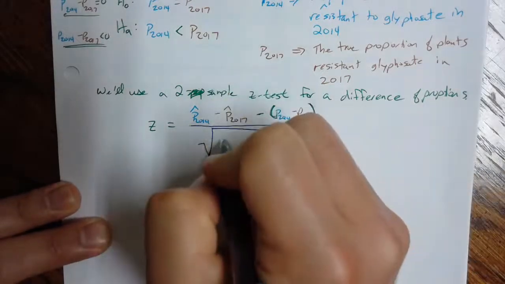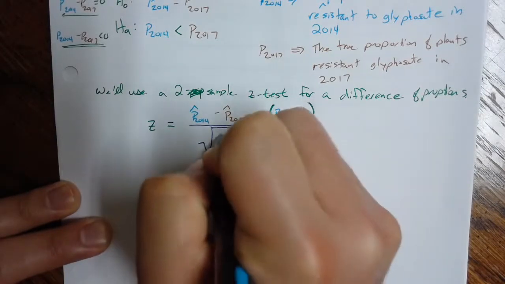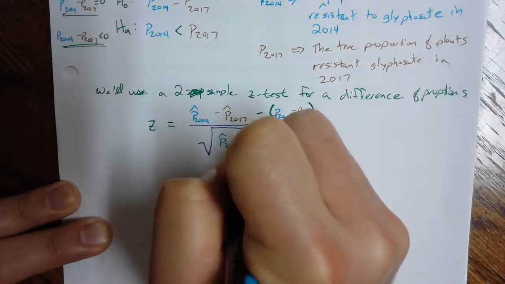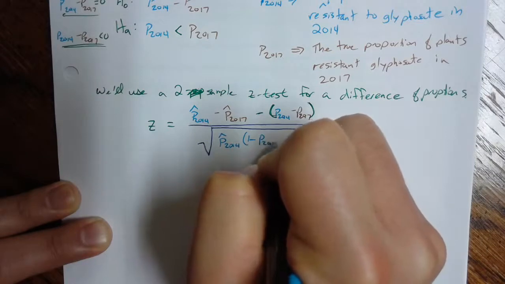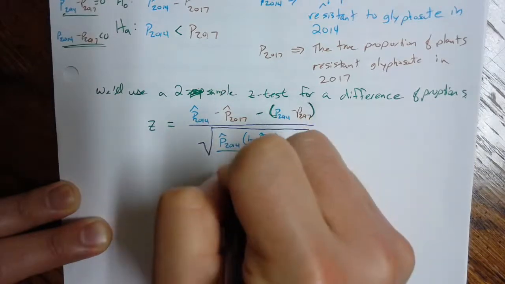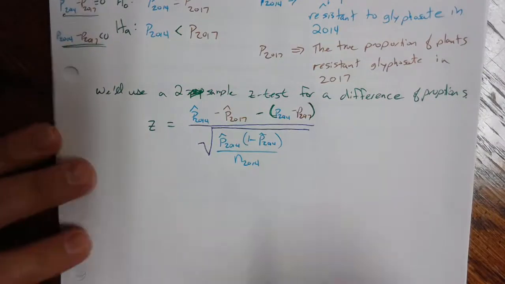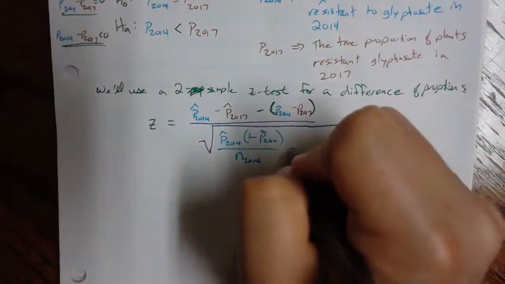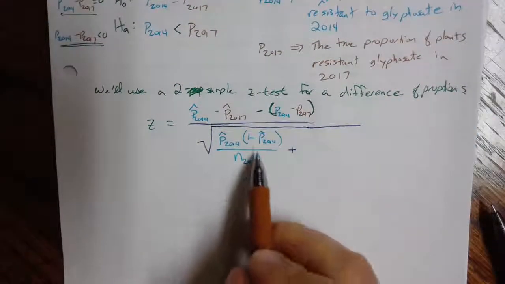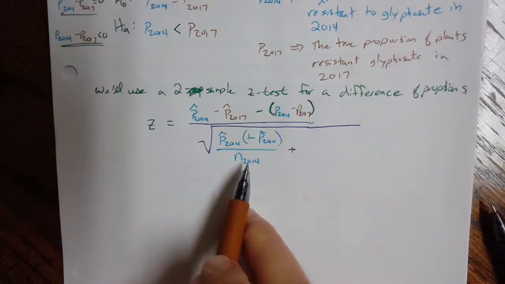So our formula is going to look like this. The proportion from 2014, 1 minus the proportion from 2014, all over the sample size from 2014. And also going to have to add up, this is adding the variances here, so that this part on its own is just the standard deviation of the sampling distribution from 2014.